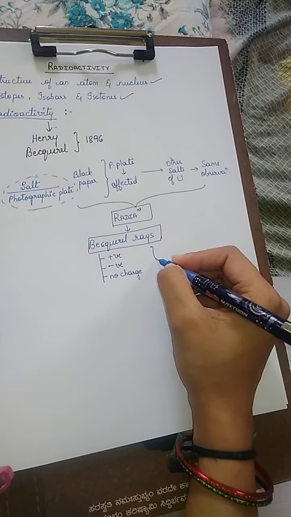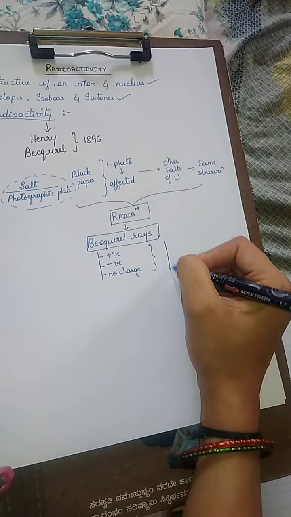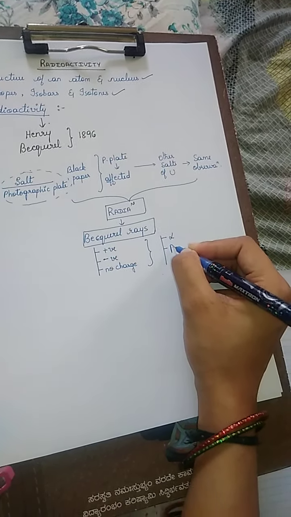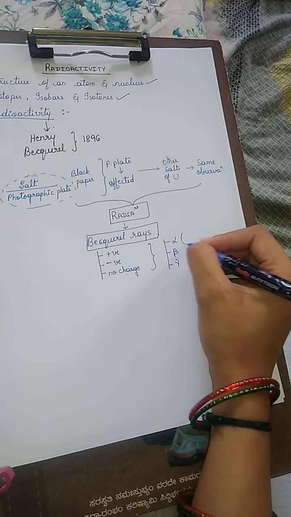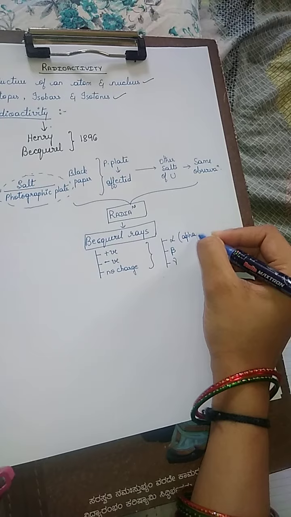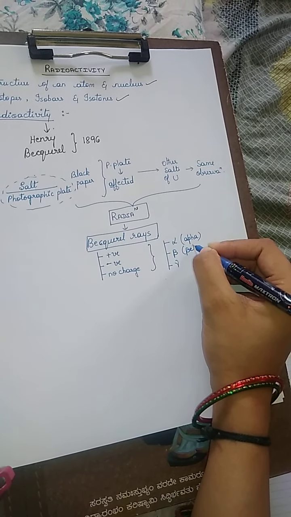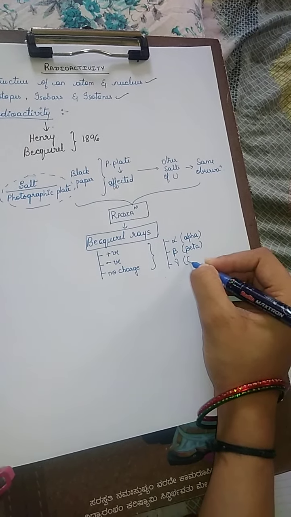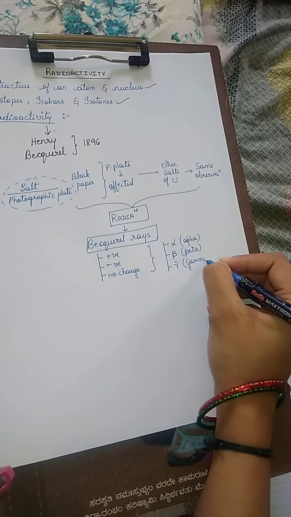Later these were named alpha, beta and gamma. This is how you write alpha, this is how you write beta, and this is gamma rays.